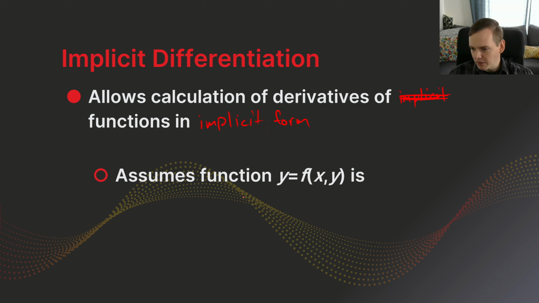And one thing that they're assuming is that the function y of f of x, y is differentiable. And that should actually just be y of f of x. So it's assuming that whatever the implied function is differentiable.